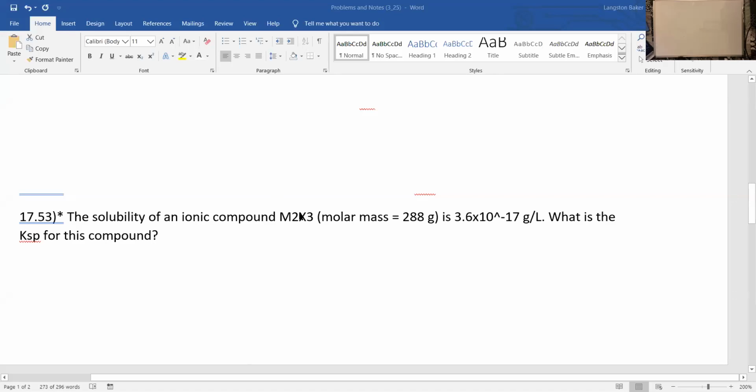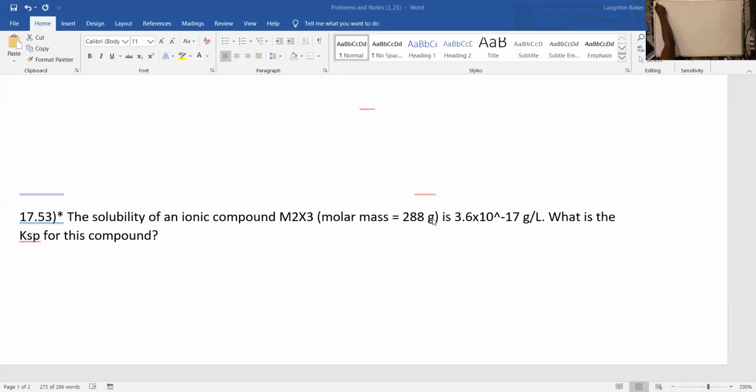Okay. So I give you the solubility of a compound, N2H5NH3I. I give you the molar mass of that, right? I give you solubility in grams per liter, and we want to know the Ksp. So a similar problem, but more complicated. I'll write it down right now.